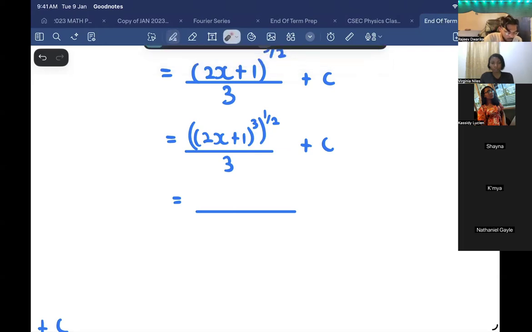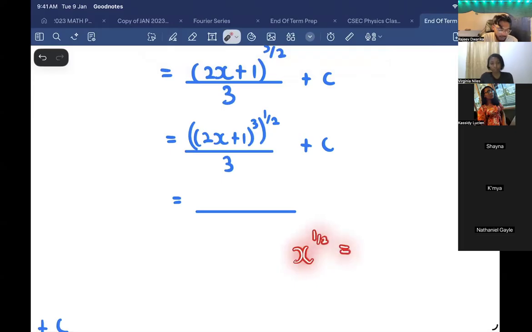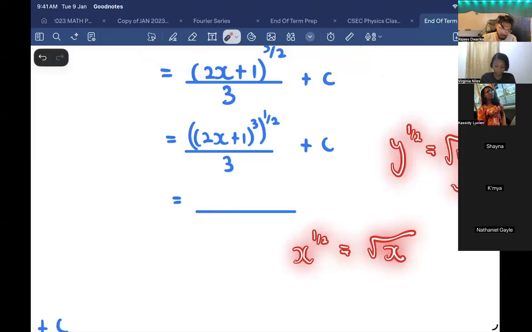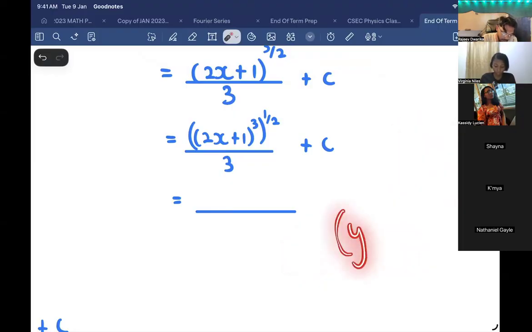So, question, if I had x to the power half, what would that mean? The square root of x, right? If I had y to the power half, what would that mean? Square root of y. If I had y by x to the power half?